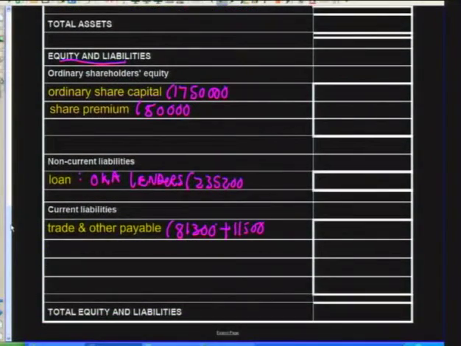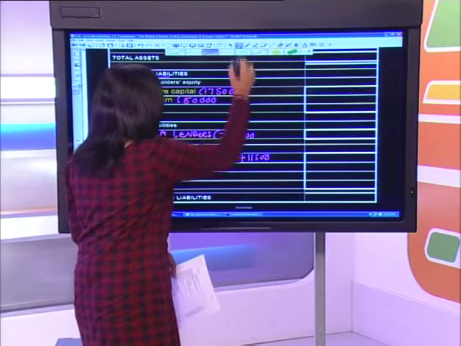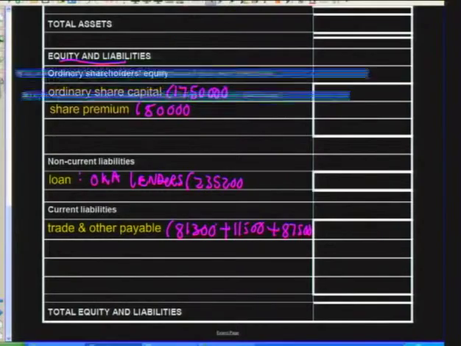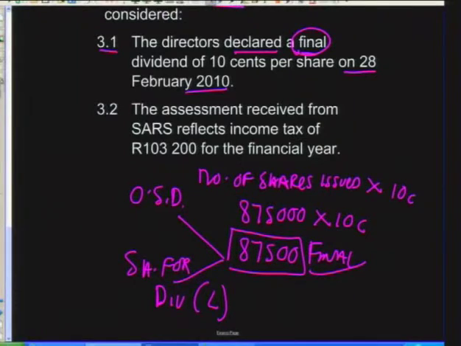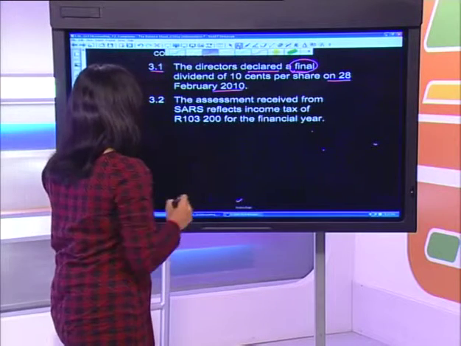Okay, trade and other payables, shareholders for dividends, that is where I'm going to slot in also the 87,500. Okay, right, done with the first bit of adjustment. Let's now look at the next adjustment. Okay, the next adjustment, let's just take out this calculation quickly because we're going to need a bit of space there.